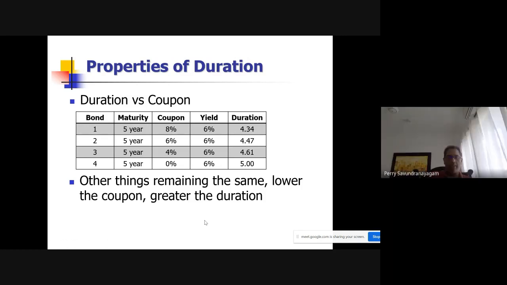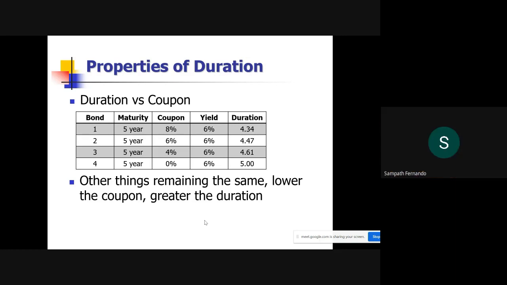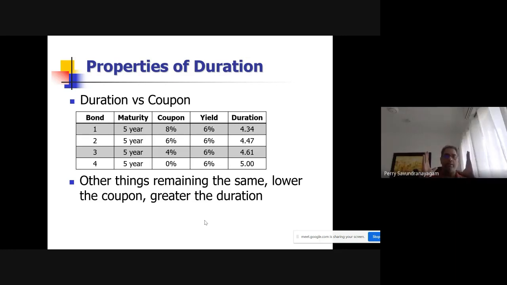Make money. Because now I bought something at 6% with a lower price, and now it has gone down to 5% and the price has gone up, correct? Yes. So I have 1% gain per annum.